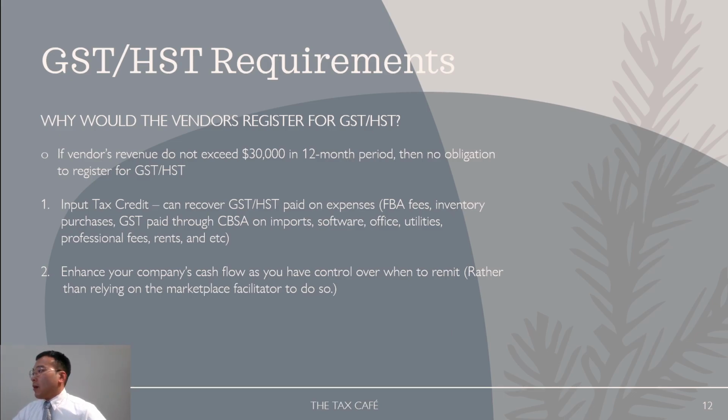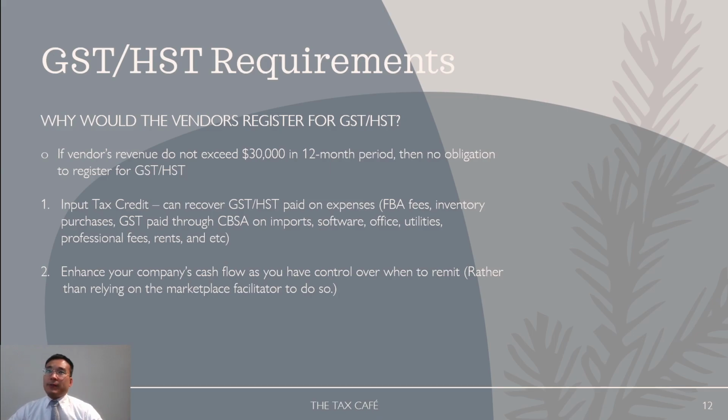It also talks about enhancing your company's cash flow. You have control over when to remit. So basically, if you charge GST yourself, rather than relying on a marketplace facilitator to collect the GST for you, you have higher cash flow as you're withholding that GST until the payment deadlines.